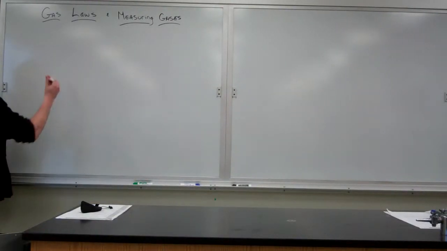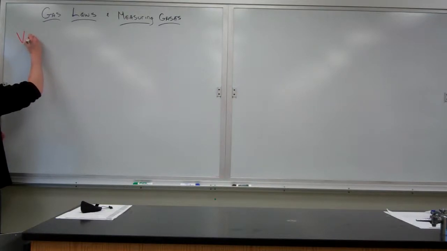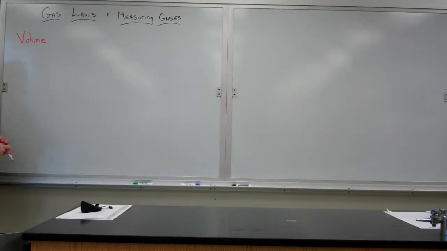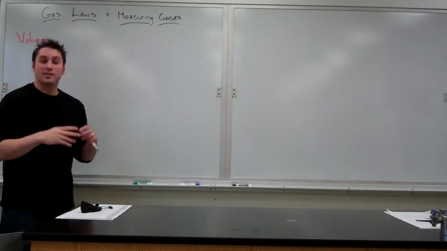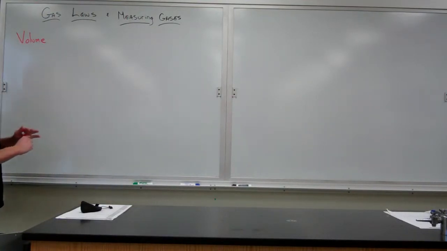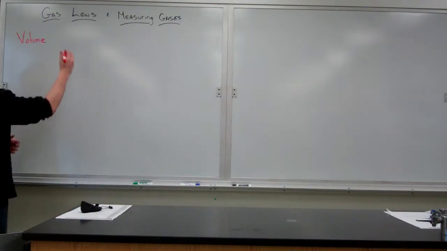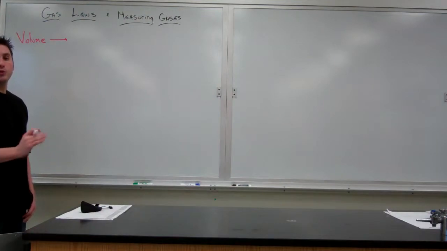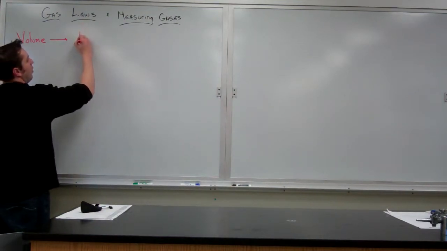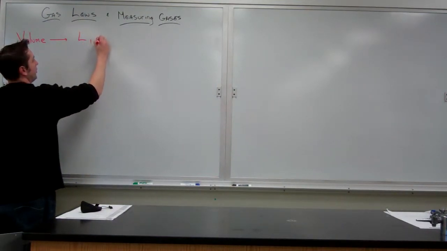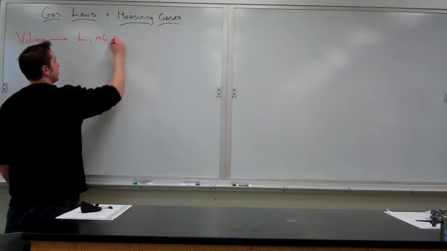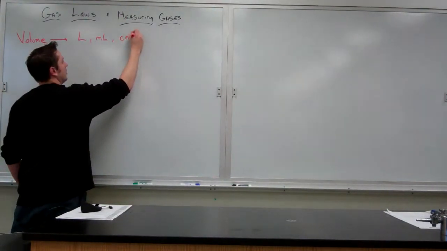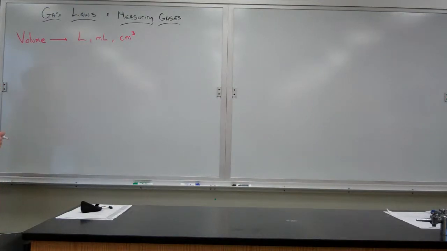The first is volume. The volume of a gas can remain constant if we trap it inside of a container. Units are always important as we go through these. The three most common units that we will use to measure volume are liters, milliliters, and cubic centimeters.